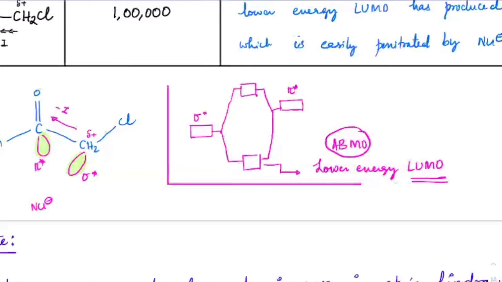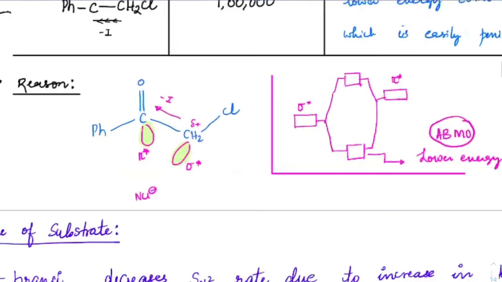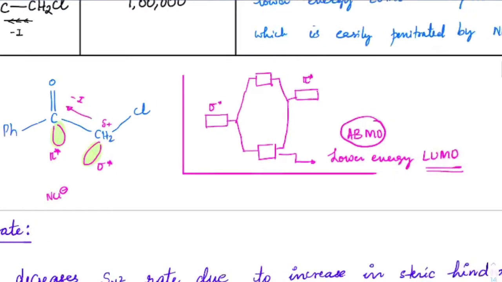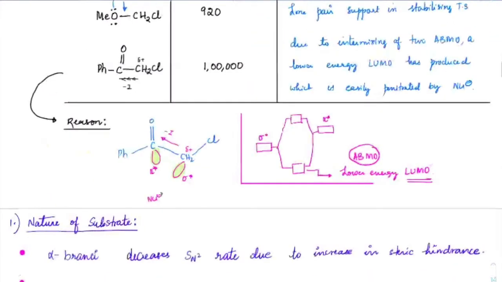It has always been seen that the best bond is formed when you have high energy of HOMO and low energy of LUMO orbital. So you can see this is a low energy LUMO orbital, so nucleophile attack would be at a much faster rate. Therefore the reaction will take place at a very fast rate and the penetration of the nucleophile happens very easily. I guess all of you understood it till this part, right?